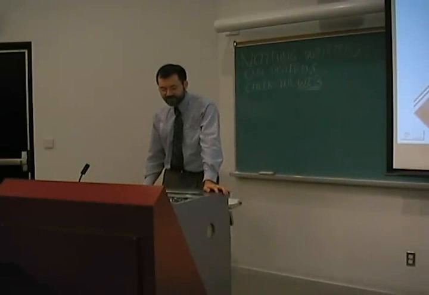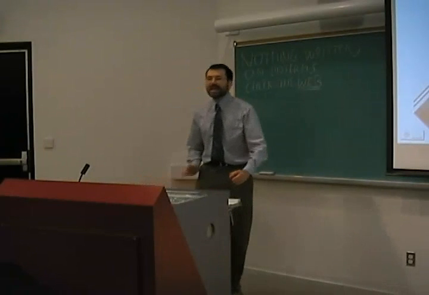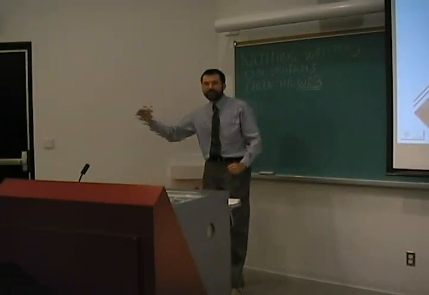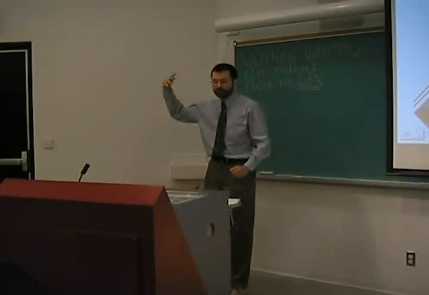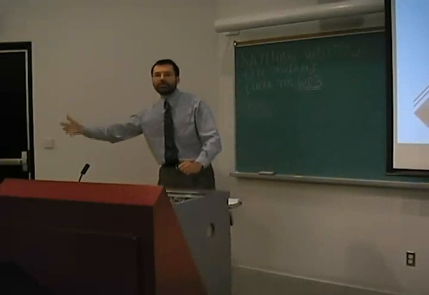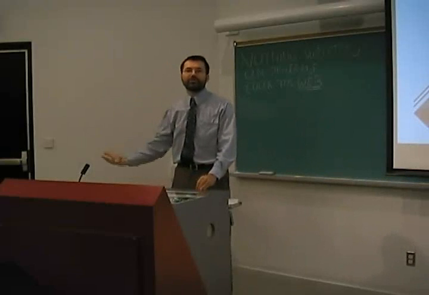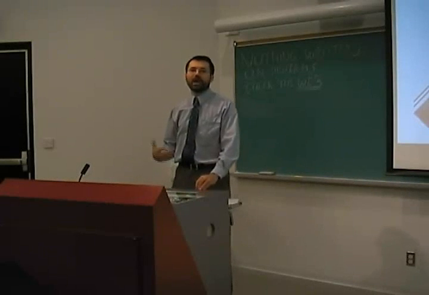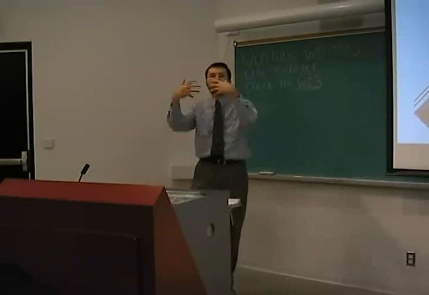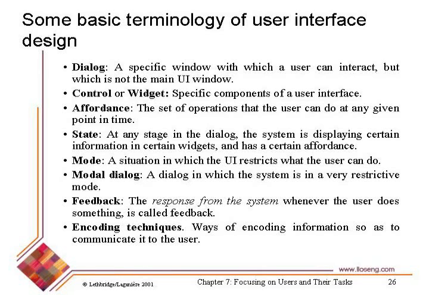The state is a stage in the sequence as we're moving through the system in which certain things can be done. As we move through a use case, we move from state to state to state. Maybe the first state is I've got a list of courses.